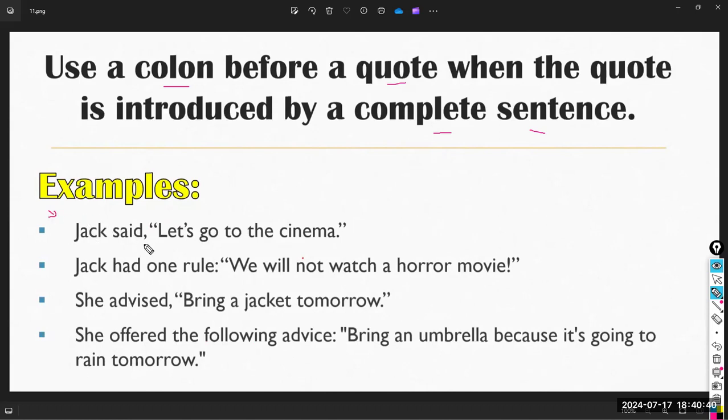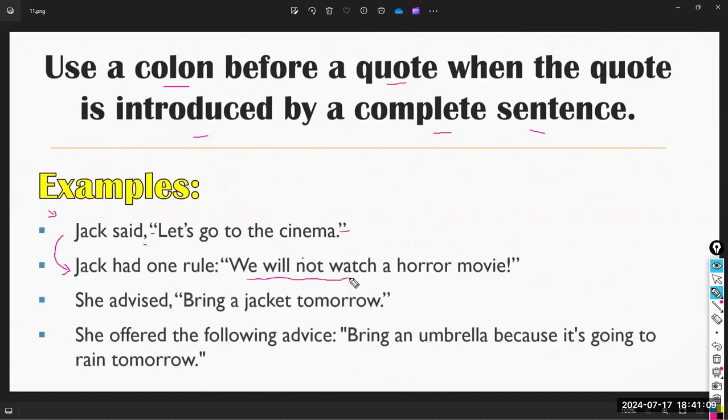Jack said, exactly, so these are the two inverted commas, we have quotation marks, let's go to the cinema. So let's check the difference between these two sentences. The next one we have, Jack had one rule. We will not watch a horror movie. Now notice that the second one is a quote that is introduced by a complete sentence.